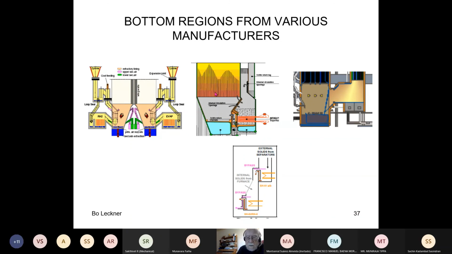In this Foster Wheeler design, they have a very special heat exchanger where they have one loop seal here, and then the heat exchanger is here, but it receives also bed material from the inside, and then there is a final loop seal here. So this is where the bed material returns to the bed. Now we can see clearly the wind boxes, one wind box for the main combustor and one wind box for this external heat exchanger.